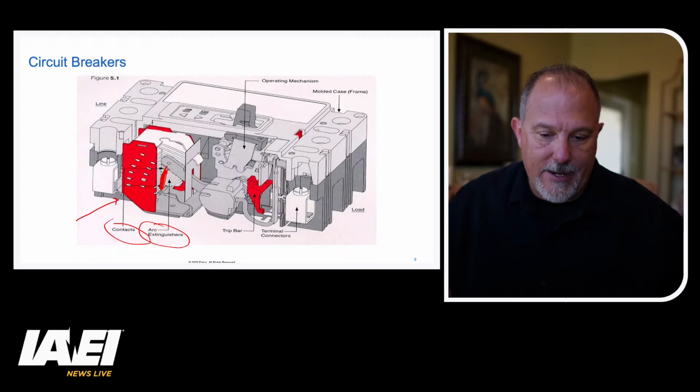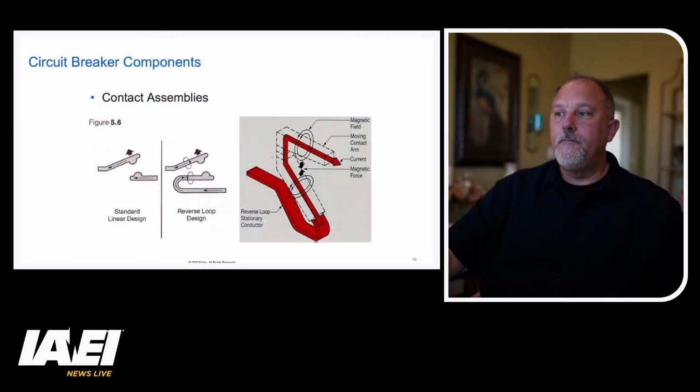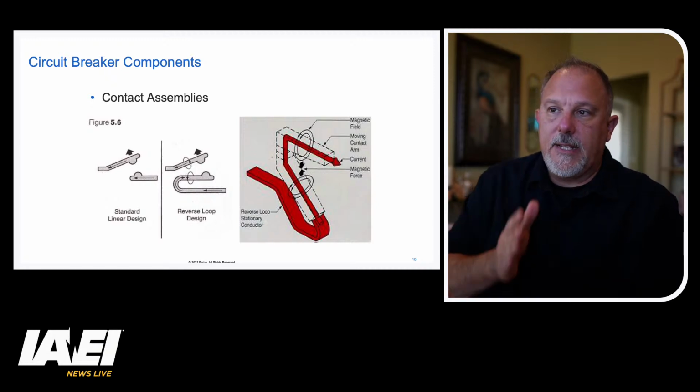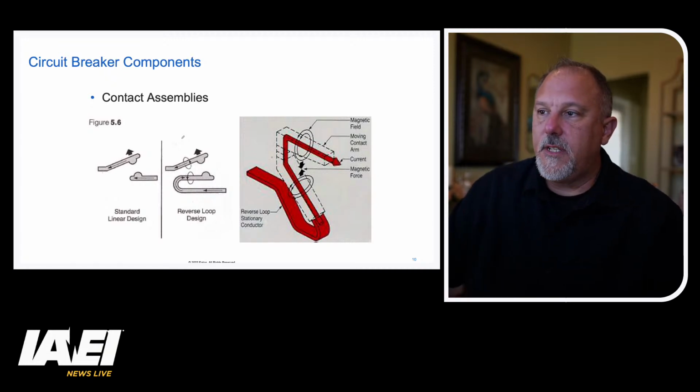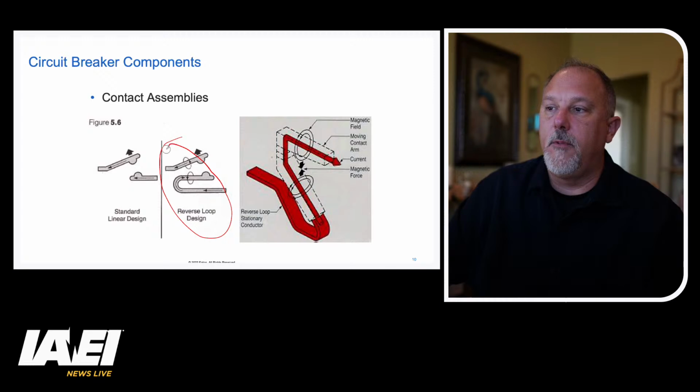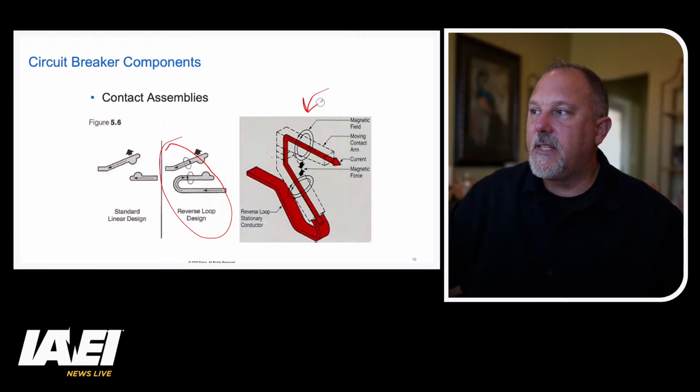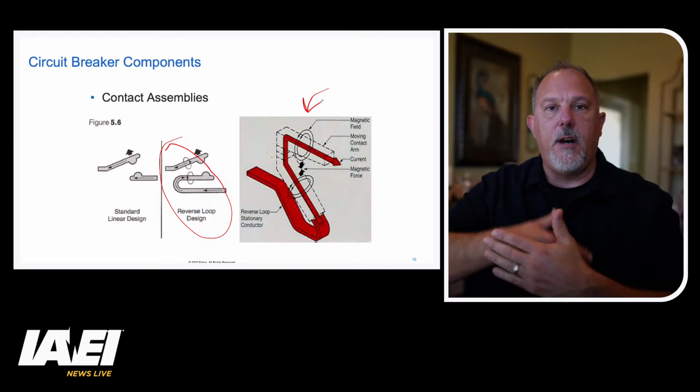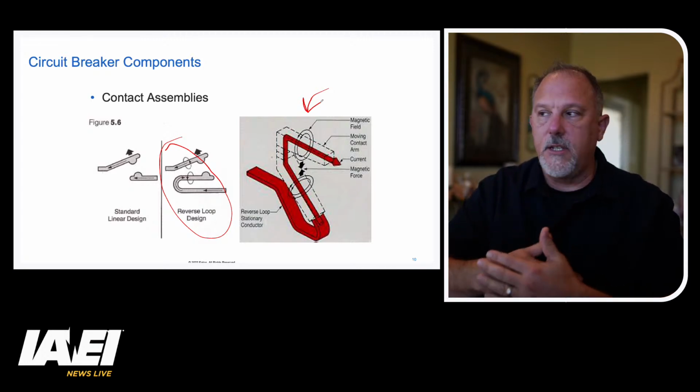The contacts have contact assemblies, and this is what pretty much everybody's doing on the market right now, is they have this loop back method that basically helps it become a current limiting type device.